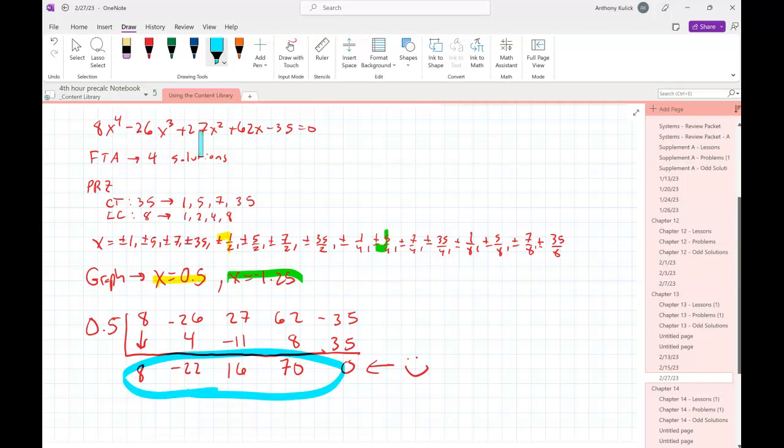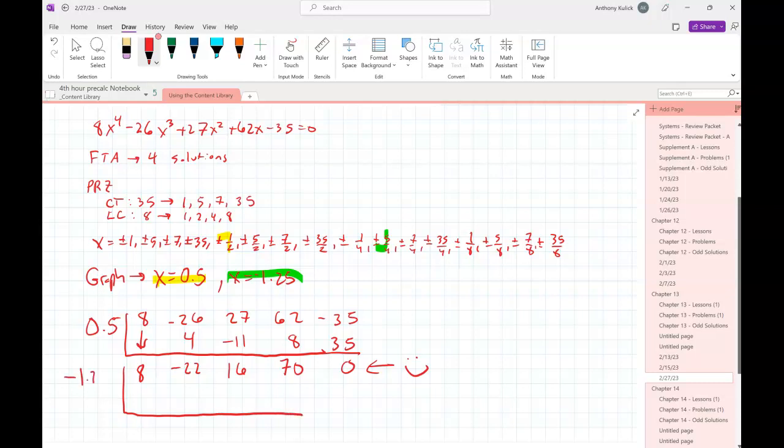Do you guys know how to solve a degree 3 polynomial? Probably not. There's not really a formula to do that. So what am I going to do? I'm just going to divide again with negative 1.25. So what's that?